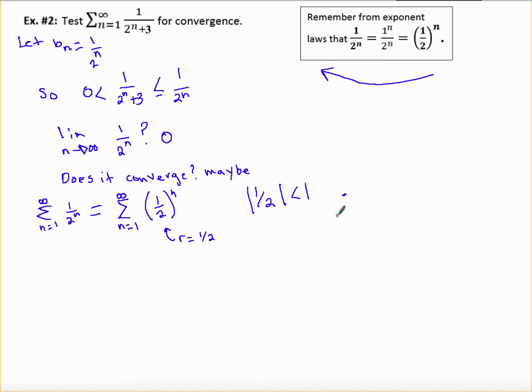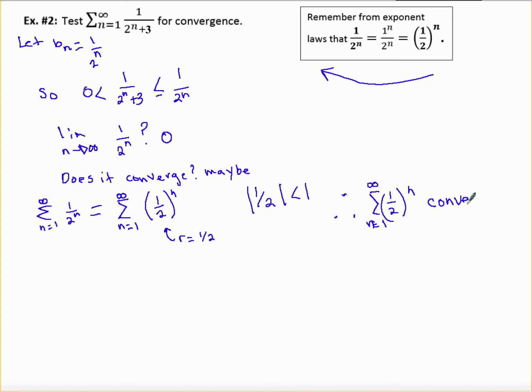So therefore, I can tell that in this geometric series the sum of 1/2 to the n power converges, since that common ratio is less than 1 and positive.